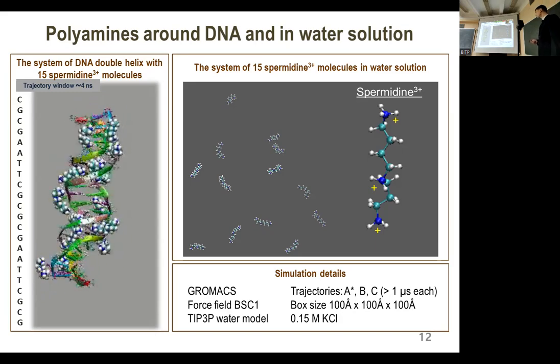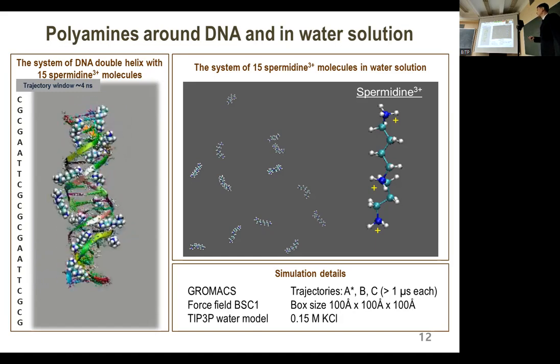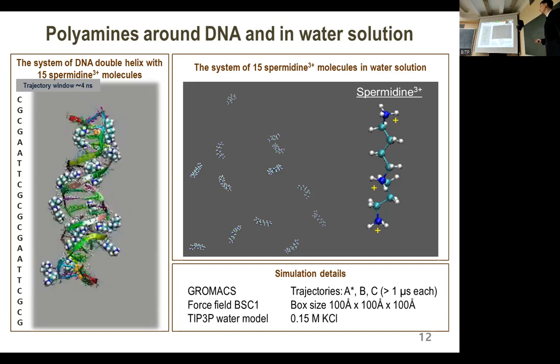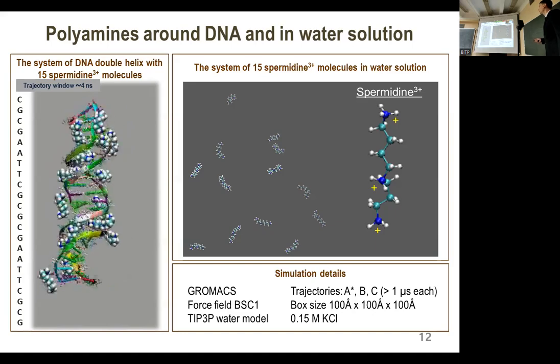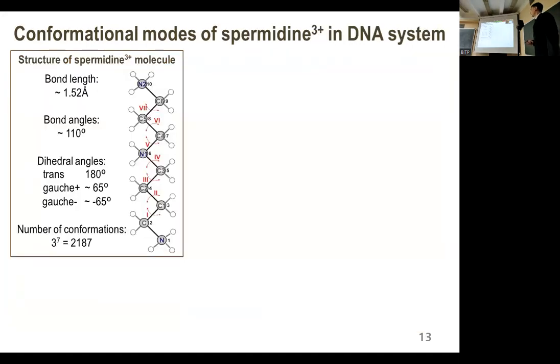And we analyzed the conformation in both of these systems. So it is important to say that this system was simulated 3 times, so we had 3 trajectories, 1 microsecond each. And to analyze the structure of polyamine, the conformation, I just remind that the structure of spermidine consists of 10 atoms in the backbone and also hydrogen atoms.